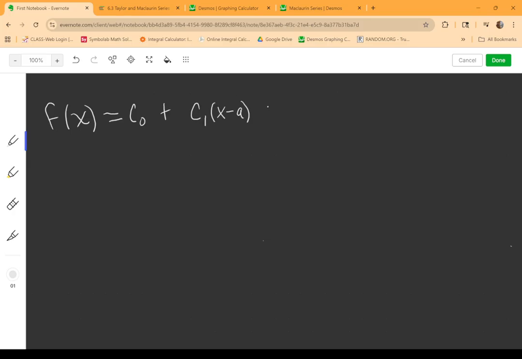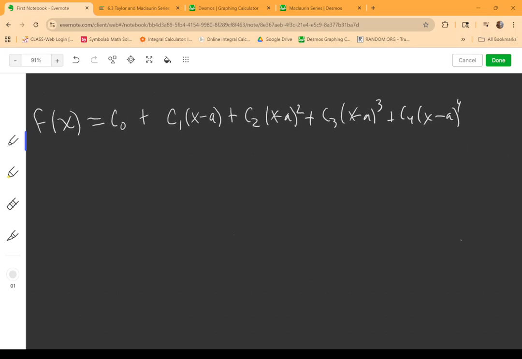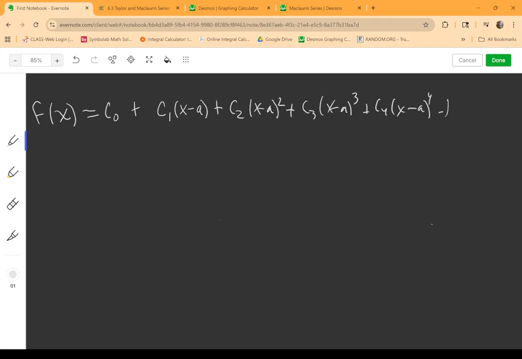So it looks something like this: c3 (x minus a) cubed plus c4 (x minus a) to the fourth, and let's go one more, plus c5 (x minus a) to the fifth power, etc.